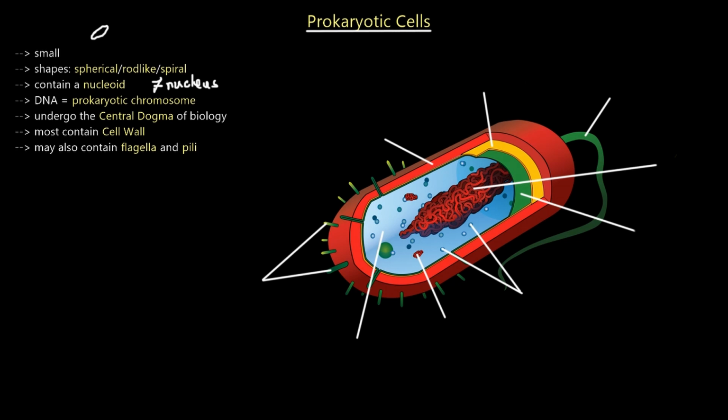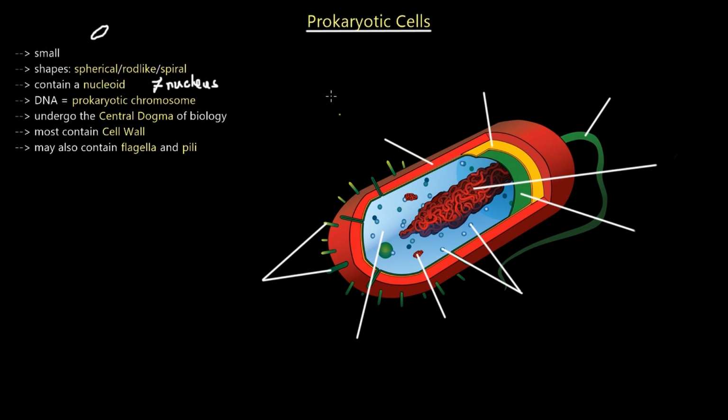And most prokaryotes contain a structure called a cell wall, and I'm going to go over that as well. And some of them may also contain flagella or pili structures that help propel the prokaryotic cell in a water-like medium.